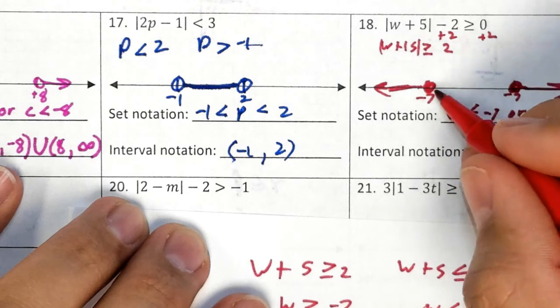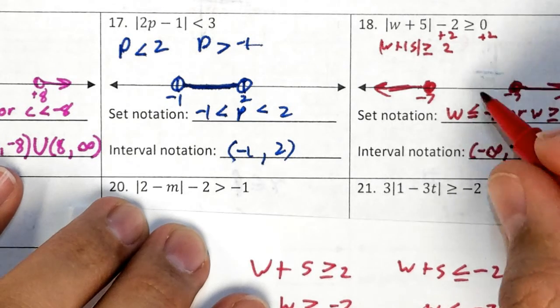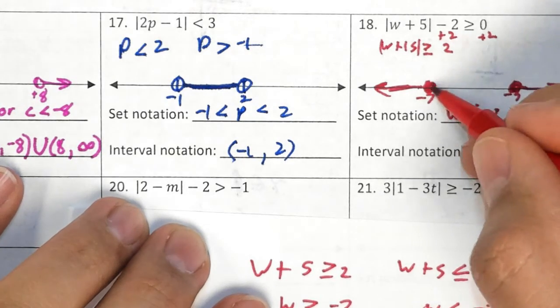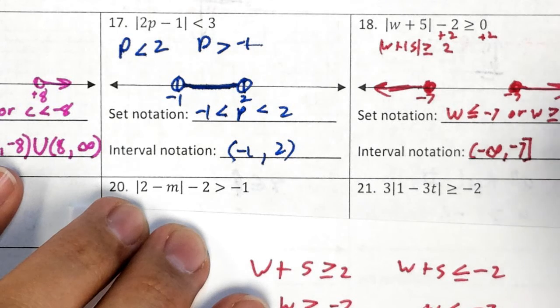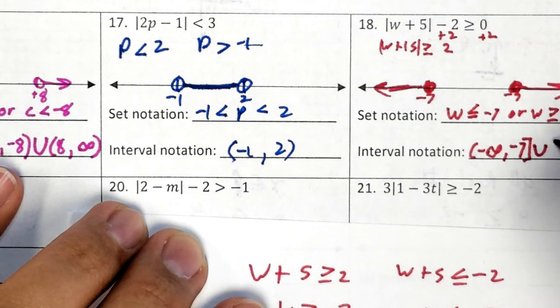Then we're going to take that to negative 7, and it's going to stop here. It's a solid dot, so we're actually going to put that square bracket there. And then the union symbol, solid dot here, or square bracket, and that's going to be negative 3 to positive infinity.